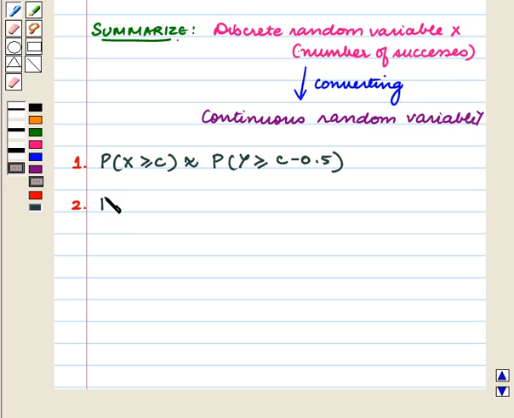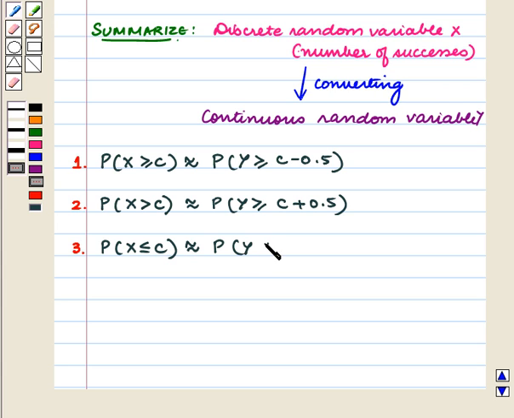Second, probability of x strictly greater than c is approximately equal to probability of y greater than or equal to c plus 0.5. Third, probability of x less than or equal to c is approximately equal to probability of y less than or equal to c plus 0.5.